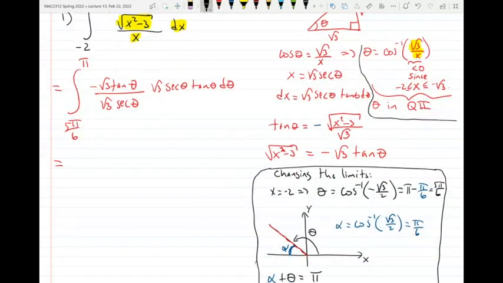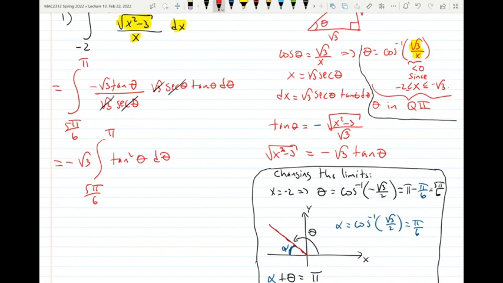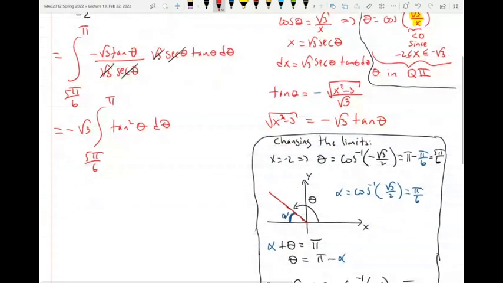All right, so some simplifications happen here. These two cancel, this cancels, this cancels. So we get, I'm going to pull out the negative square root of 3. So we get the integral from 5 pi over 6 to pi of tangent squared d theta. And remember we discussed last time how to do this. You write tangent squared as secant squared minus 1, and then you can integrate both of those, right?